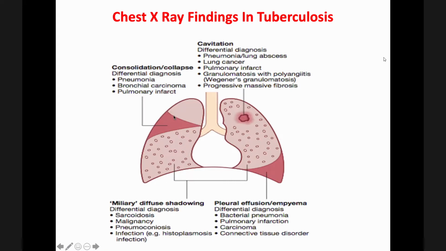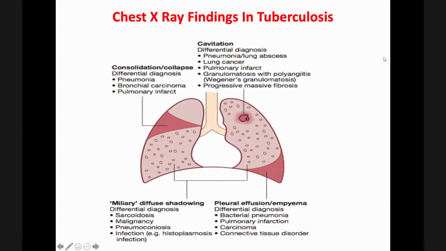picture. So you can see the consolidation, the pneumonia. The other diagnoses can be other bacterial pneumonias, bronchial carcinoma, or a pulmonary infarct giving a wedge opacity. There can be a collapse also. As for the cavitation, the differential diagnosis of a cavity includes pneumonia and lung abscess.